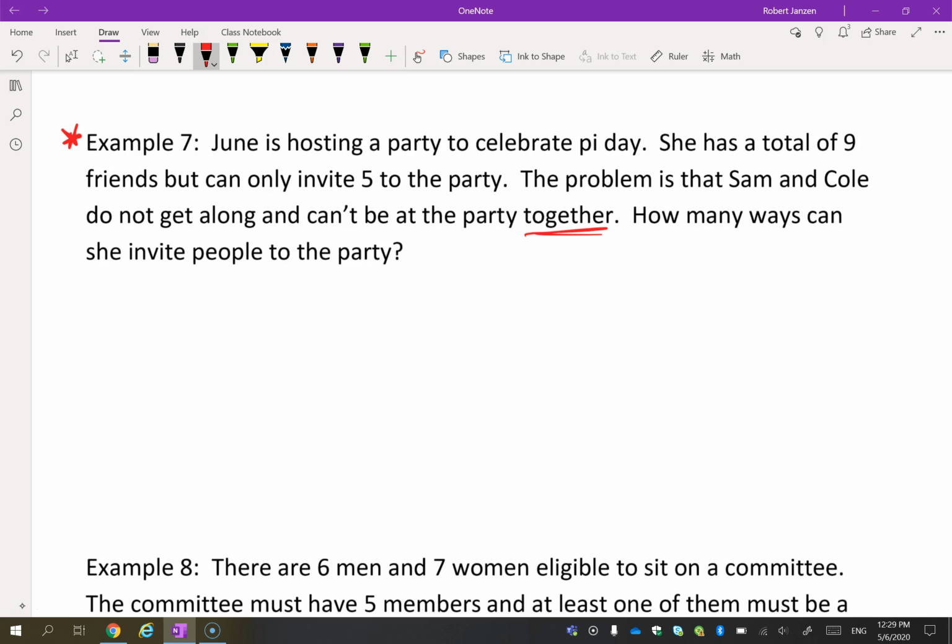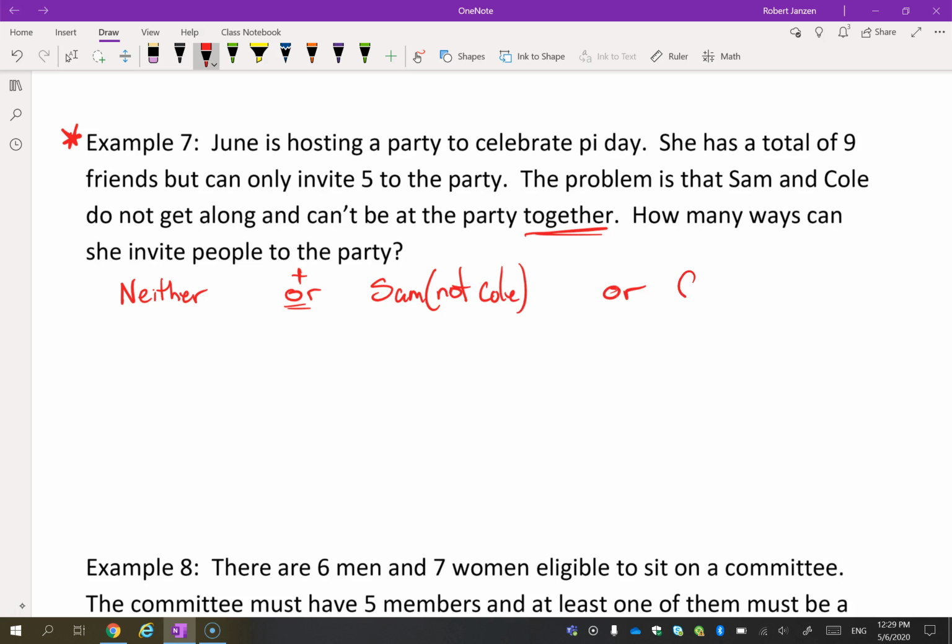Well, what are some options? We could invite neither of them. Let's not invite Cole or Sam and not worry about it. Or, by the way, what does the word or mean? That means plus. What could we do? We could invite Sam. This would mean that we wouldn't invite Cole.